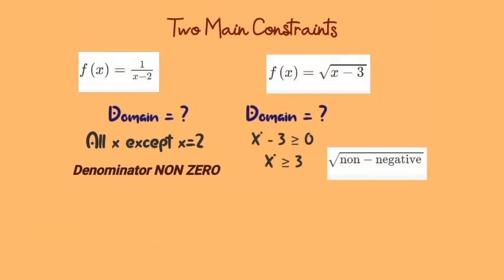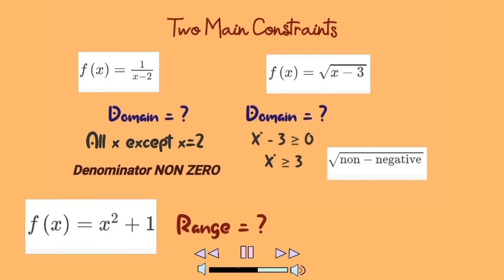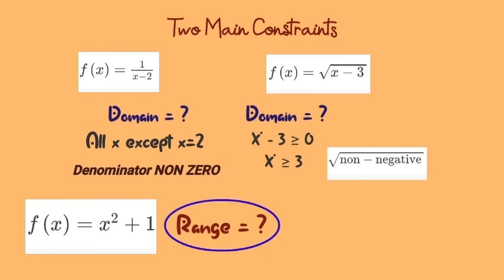Now, for the last problem of the session, find the range of this function. By range, we mean all possible output values. Look at this term. Can it be negative? No, the square of any number will be greater than or equal to 0.